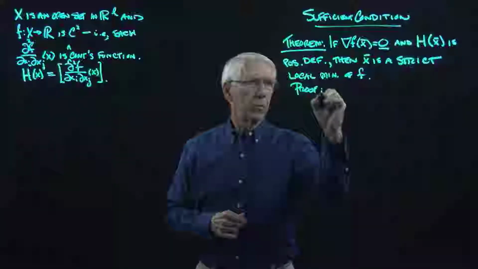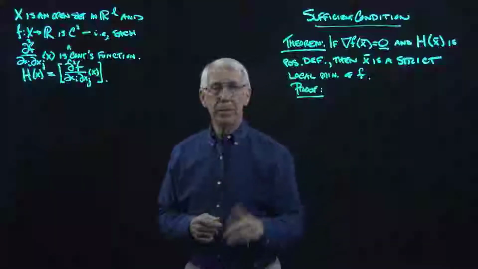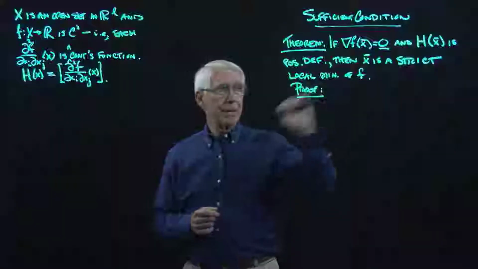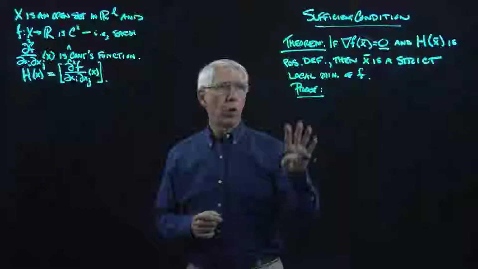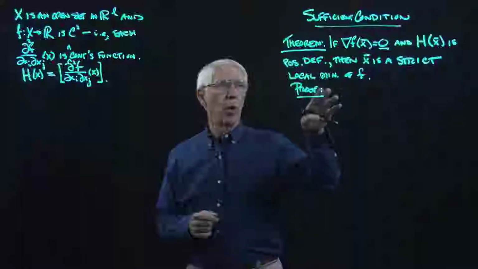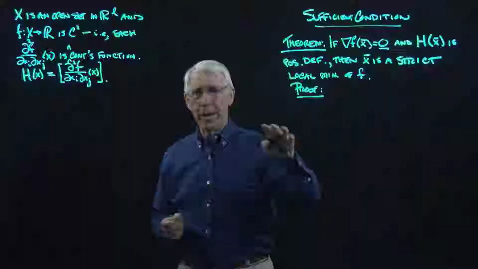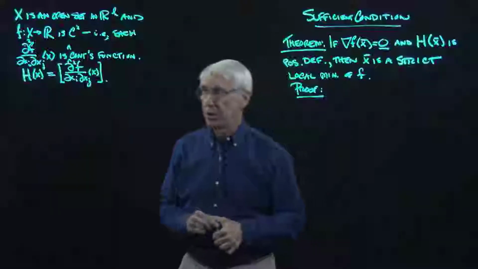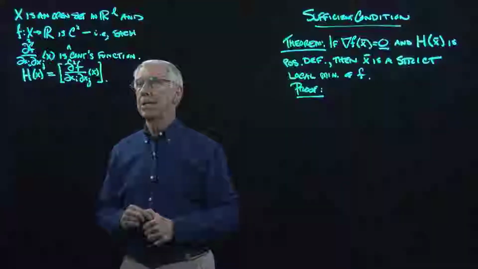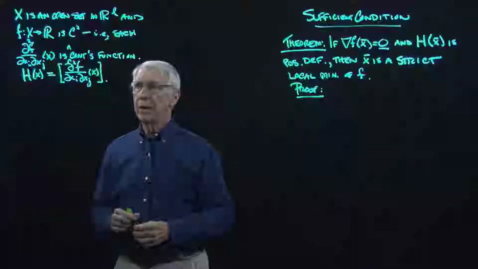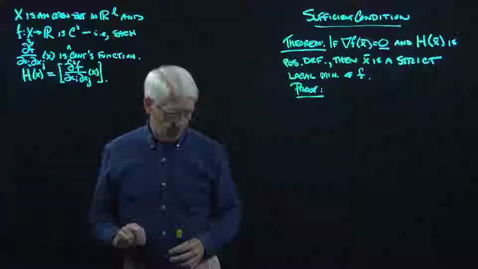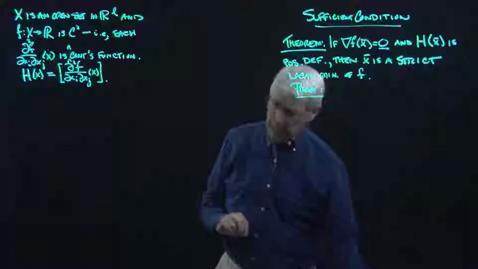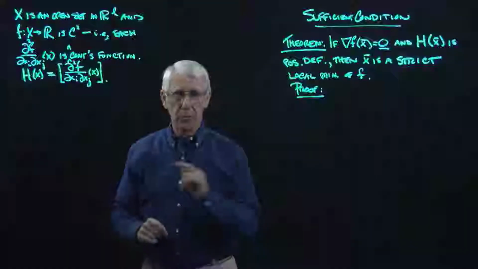A proof. Just like we did for our necessary condition, I'm going to give a proof for the case L equals 1, where we have a real function and the domain is just one-dimensional, just the reals. I think I'm going to take this off so that we have some room to do that.